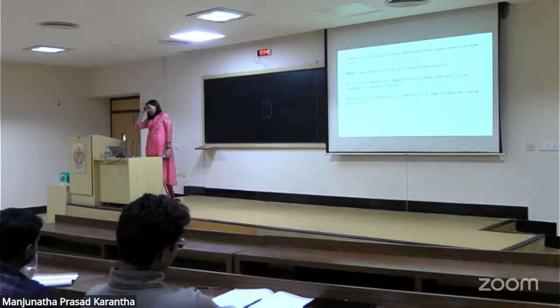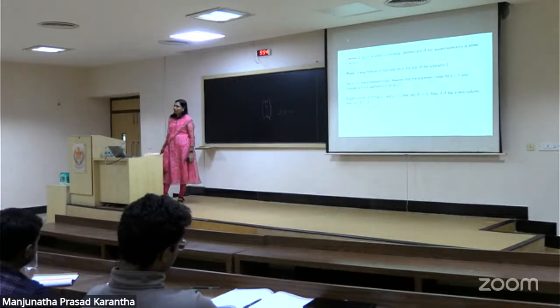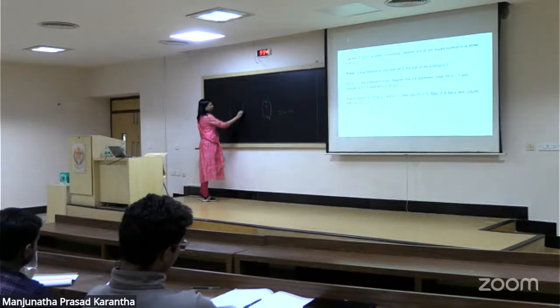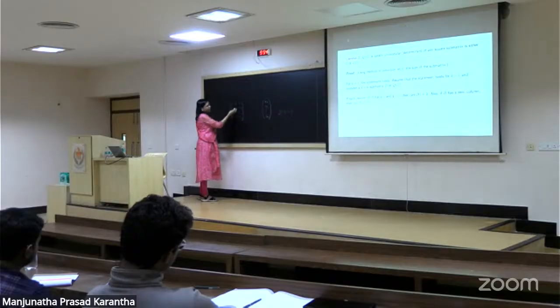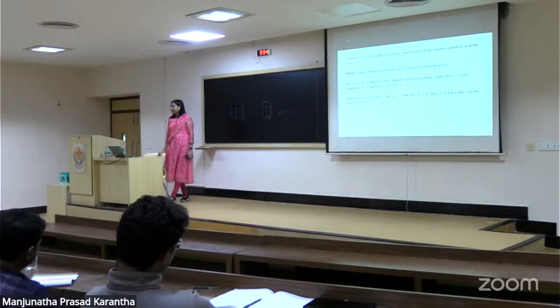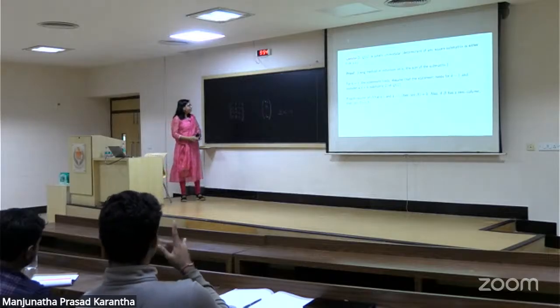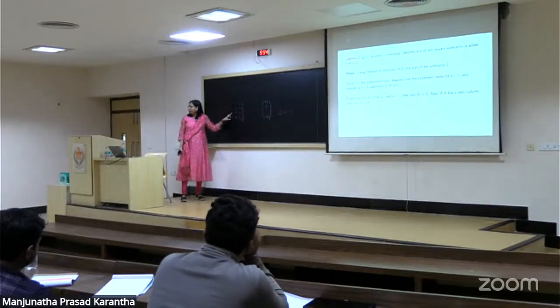So each column of B has a 1 and a minus 1. For example, if I choose the submatrix and let's say I have it like this, you can see every column has a 1 and a minus 1.